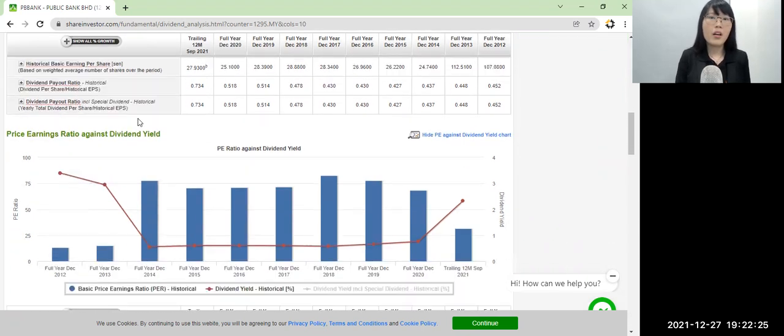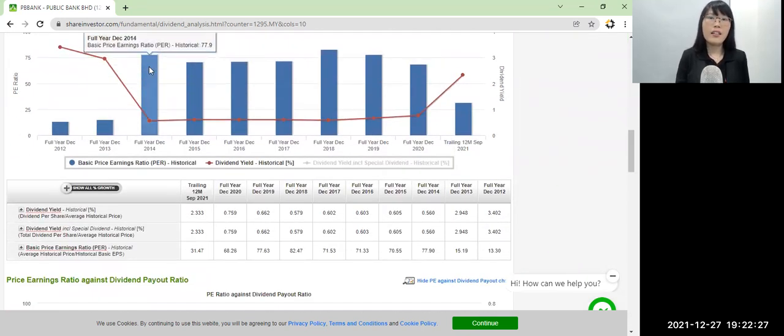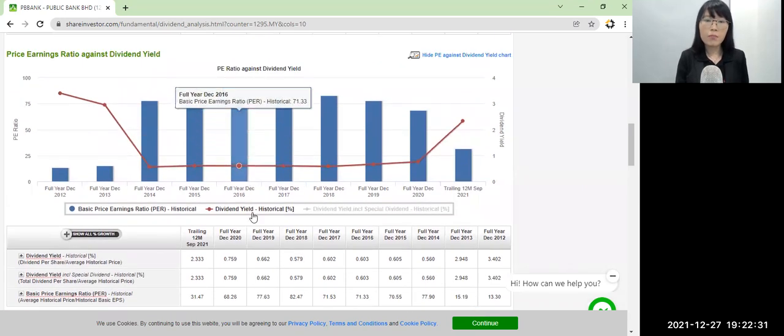When you scroll down again, you will see a price earnings ratio versus dividend yield chart. So you can see whether it is decreasing or increasing. So you can find all the dividend payout data from here.